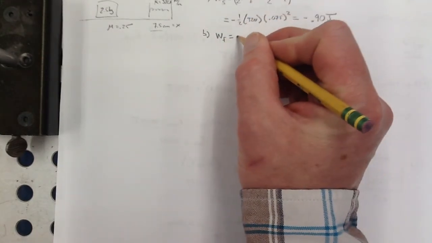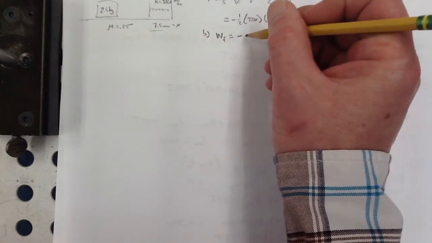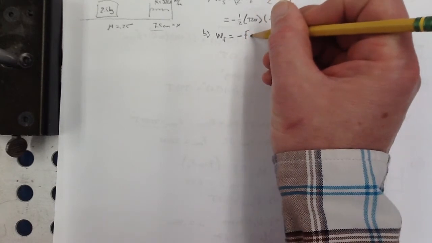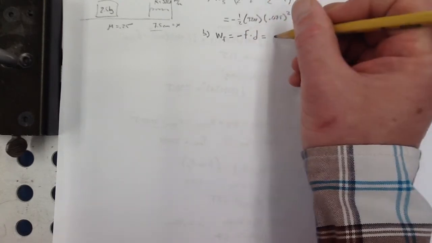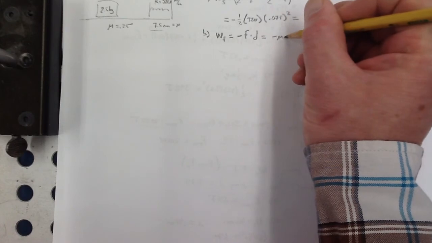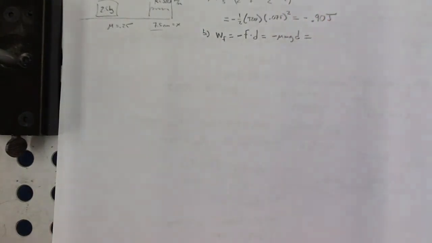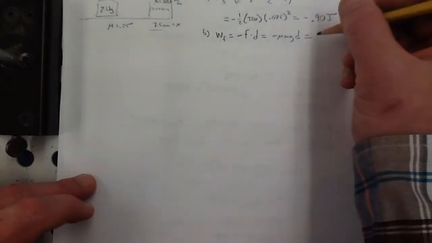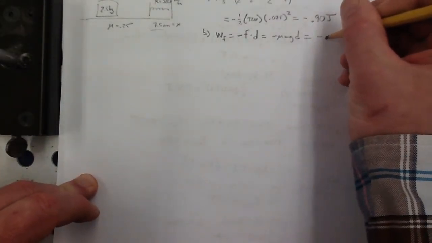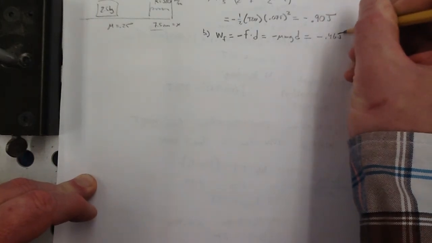If we wanted to be really fussy about this, we could say that's negative force of friction times distance, which is negative mu m g d, which is negative 0.25 times 2.5 times 9.8 times 0.075. So friction does negative 0.46 joules worth of work.